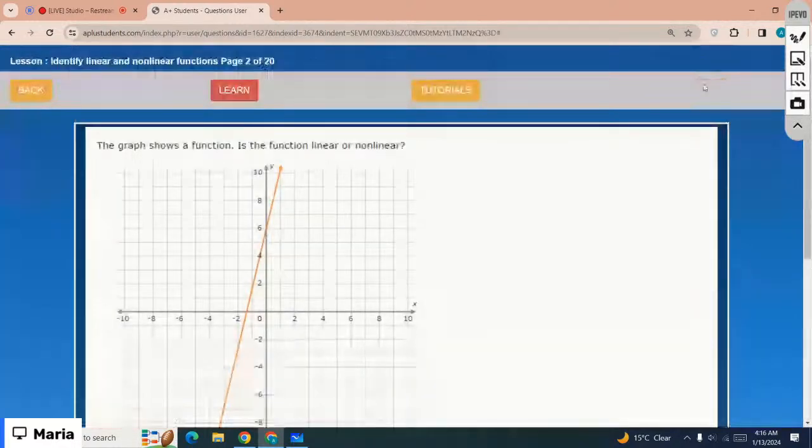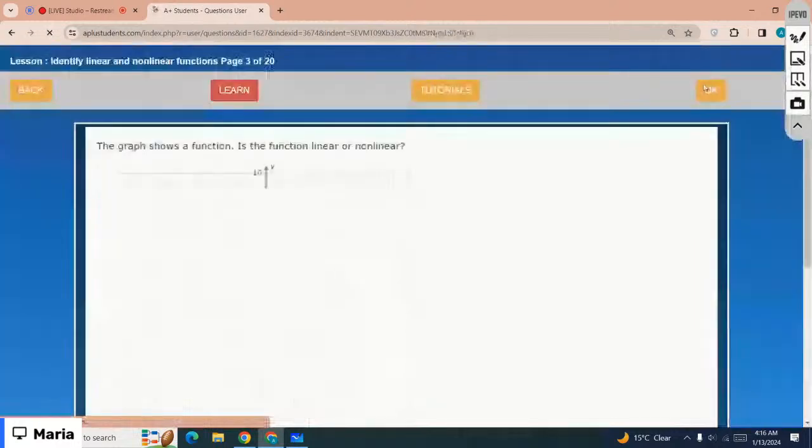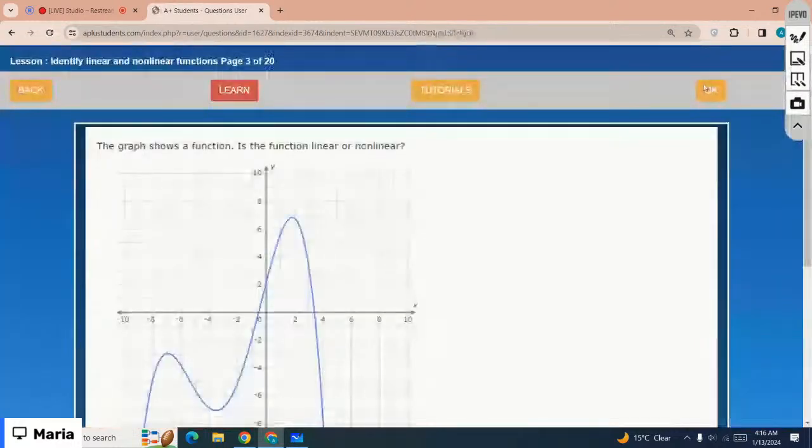Okay, the next one is the graph shows a function. Is the function linear or non-linear? Which is the correct option?